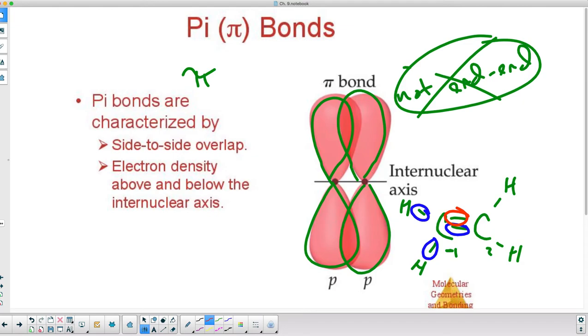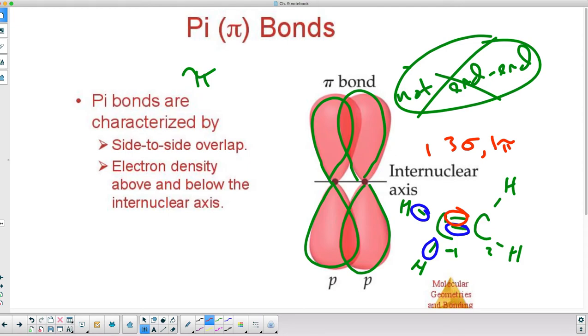The first carbon here would have 3 sigma because the first bond, whether it's a single, double, or triple, is always sigma. And if it's a double bond, the second bond is always side by side, or pi. And that's how you count them.